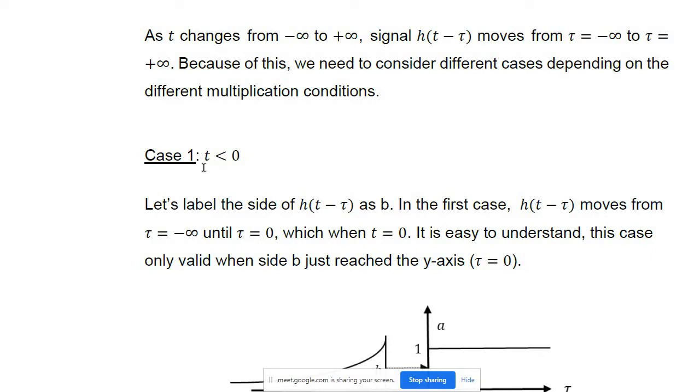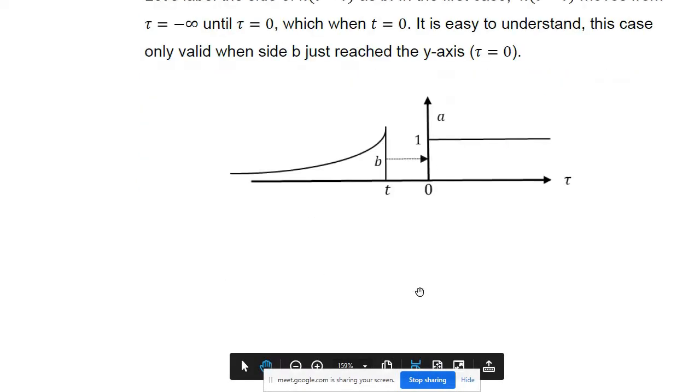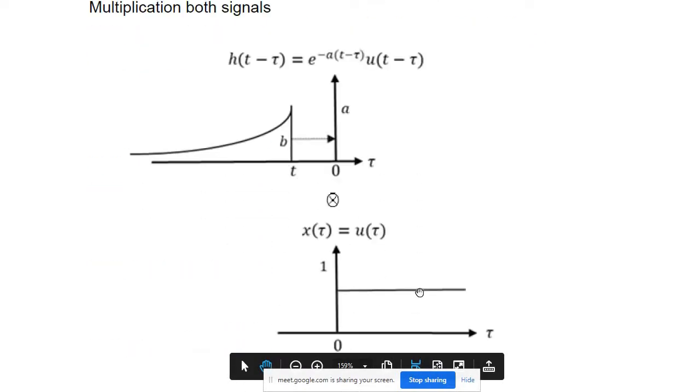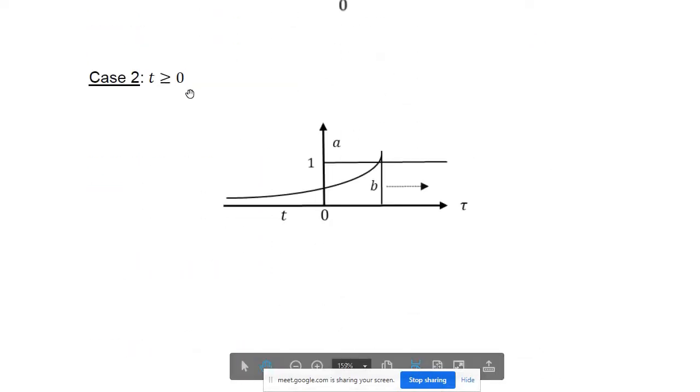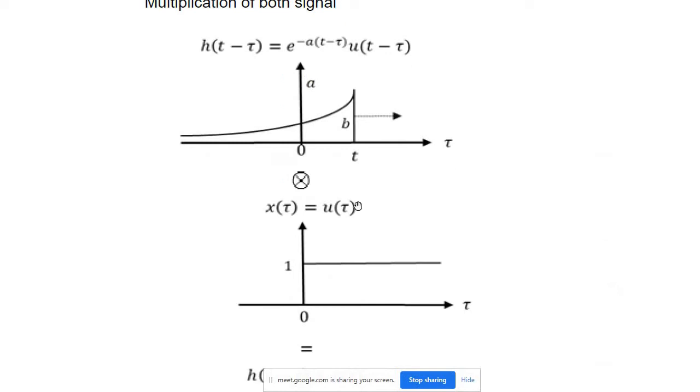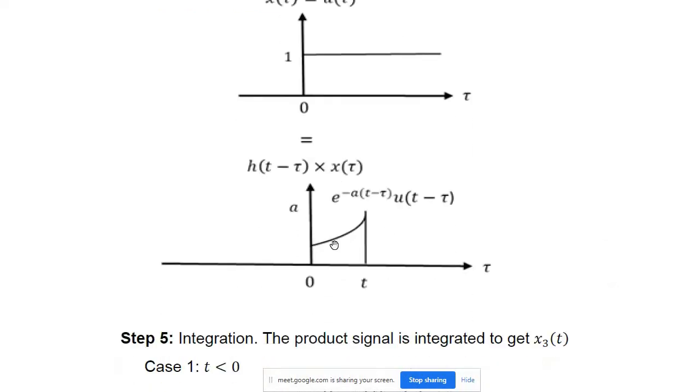The first is t less than 0, where there is no overlapping. And then t more than 0, which has the overlapping. This is the overlapping area.